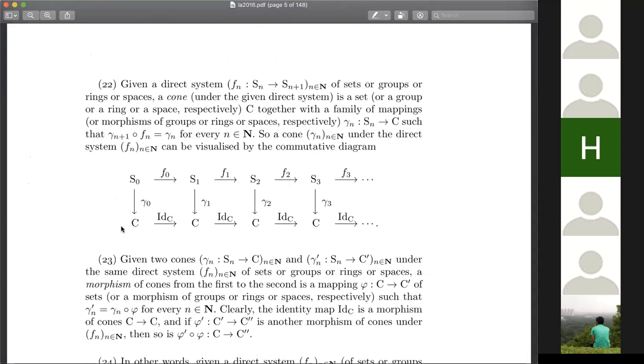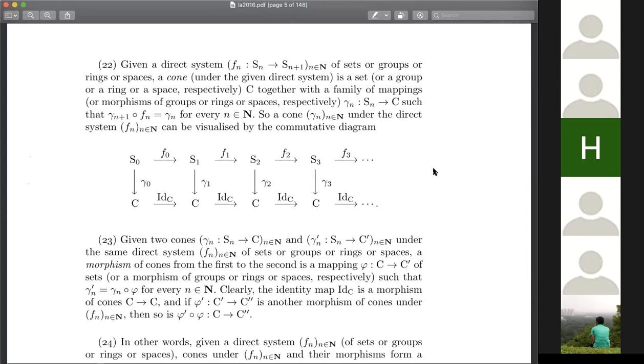It's really a trivial direct system consisting of the same object in all the places and just the identity maps between that object. So a morphism from the given direct system to this trivial direct system is going to be called a cone under this direct system, right?